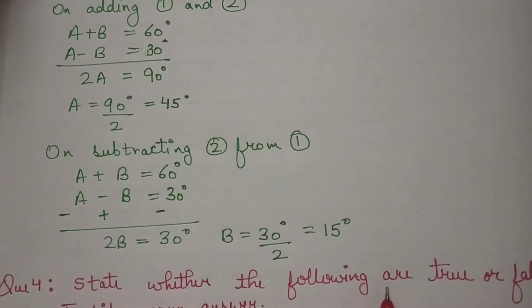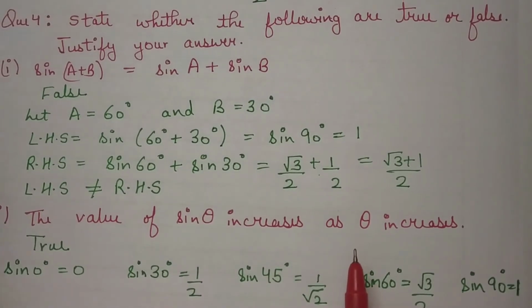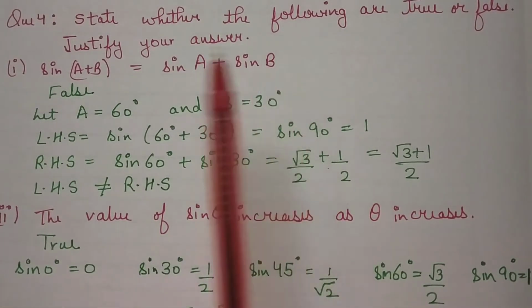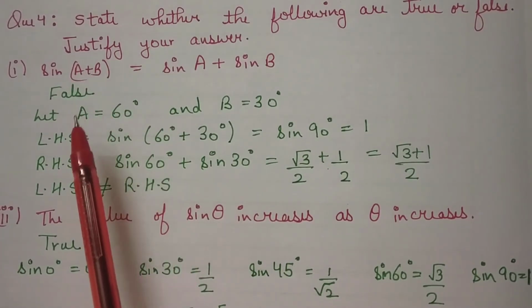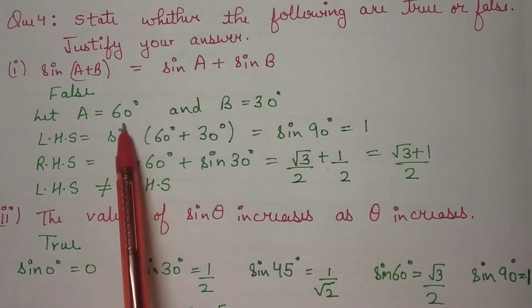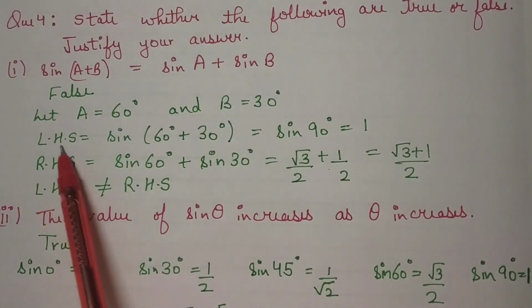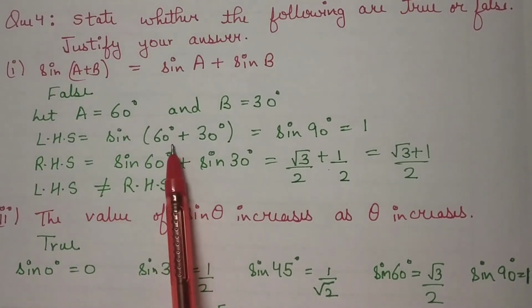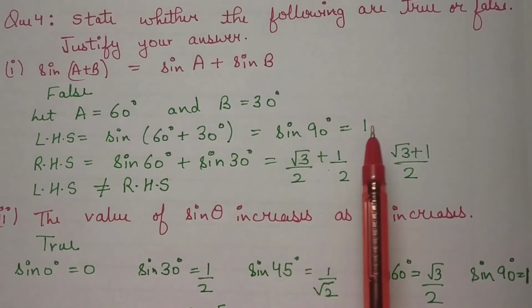Now question number 4. State whether the following are true or false. Justify your answer. First part is sin A plus B is equal to sin A plus sin B. This equation is false. How is it false? Because if I take A is equal to 60 degree and B is equal to 30 degree, and solve the left hand side, sin A plus B, that is sin 60 degree plus 30 degree, which is equal to sin 90 degree, and the value of sin 90 degree is 1.